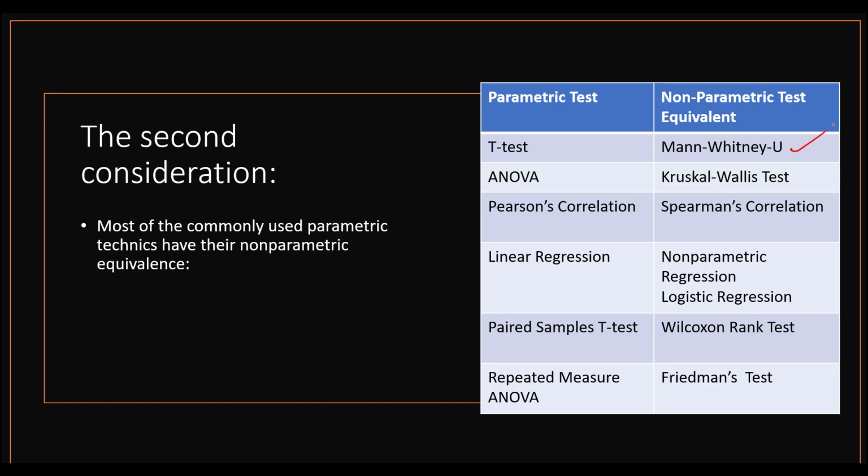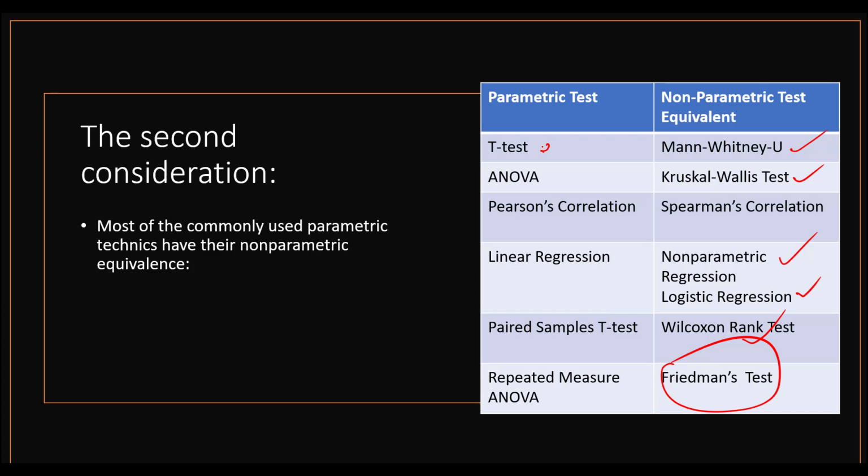For ANOVA, there is Kruskal-Wallis. For linear regression, we have non-parametric regressions as well as logistic regression. Paired-sample t-test has the Wilcoxon Rank test, and repeated measures ANOVA has Friedman's test. So, if you have to know the requirements for a Mann-Whitney-U test, for example, just check out the requirements for the t-test and you are good to go.